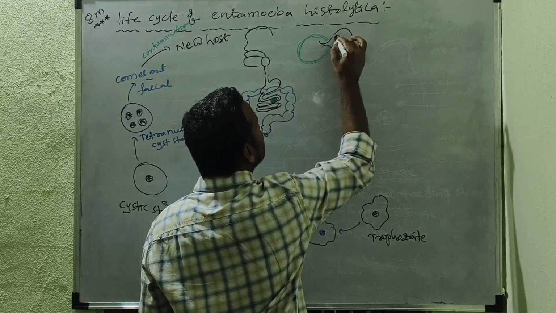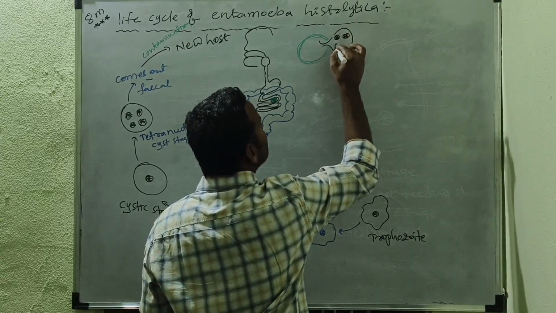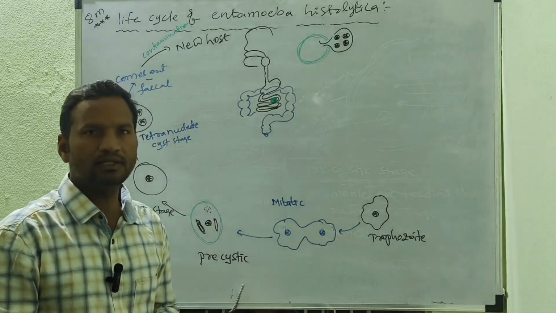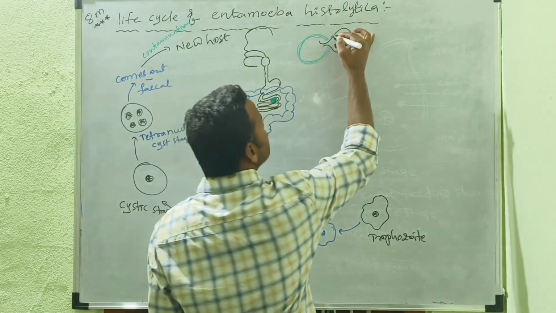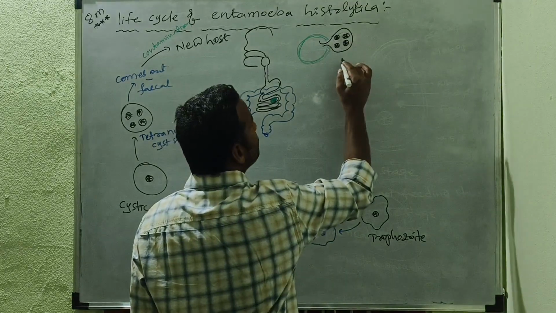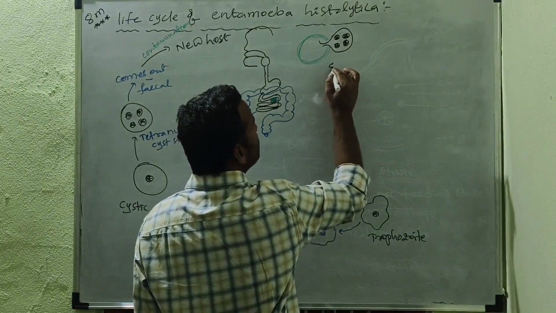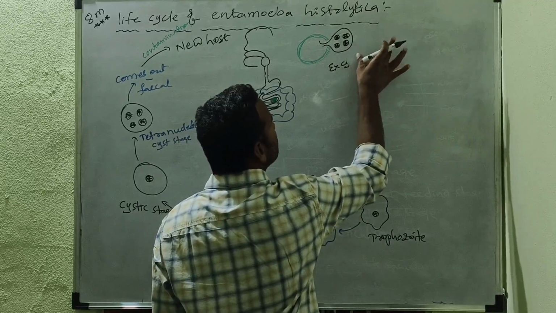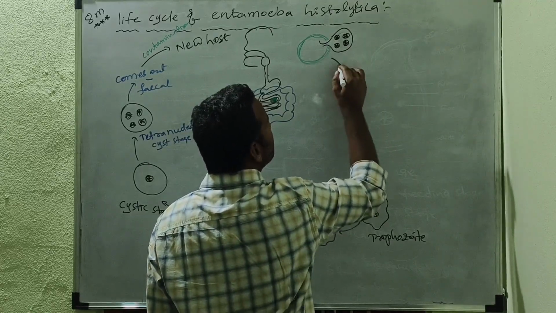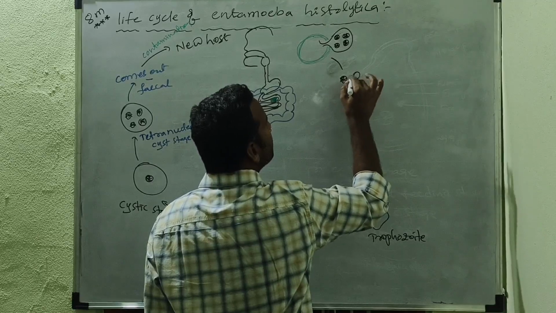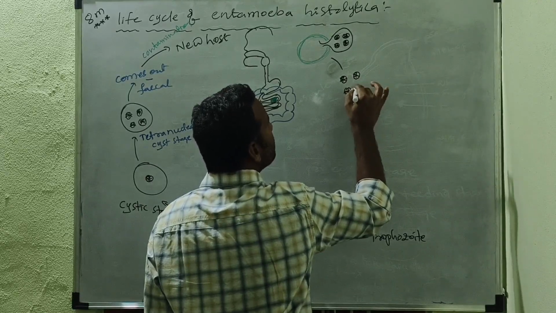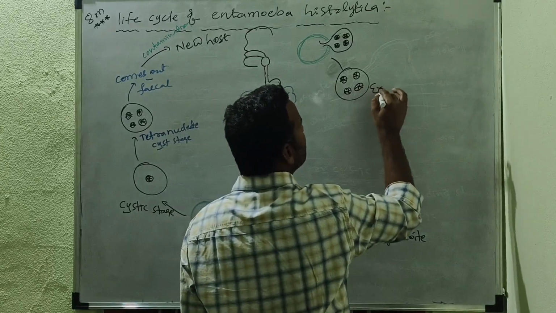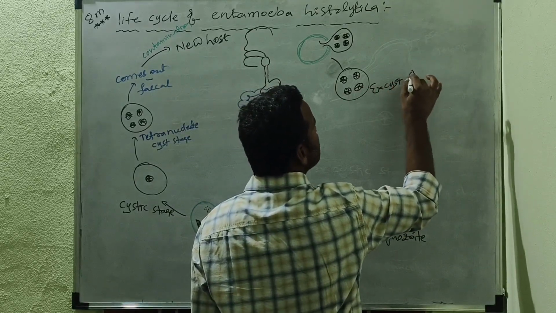This is actually the tetranucleate cyst stage. Got it? How many nuclei are there? Four. This is now called the excyst stage.